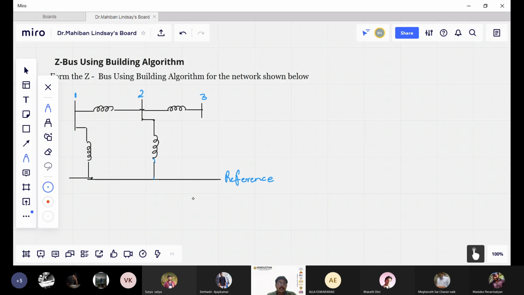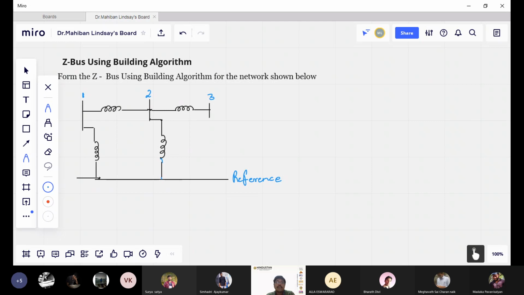So a reference is there, and 3 buses are there. You know that you already formed that Y bus. Therefore, if the number of buses is n, then the size of the matrix is also n cross n. So if the number of buses is 3, then the size of the matrix will be 3 cross 3.